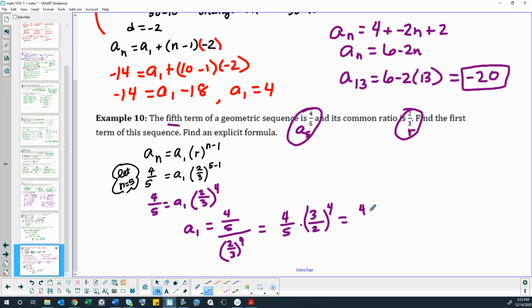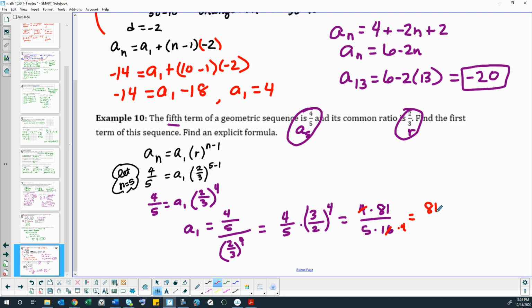So this would be 4 times 3 times 3 is 9 times 3 is 27 times 3 is 81. And then that would be over 5 times 2 times 2 is 4 times 2 is 8 times 2 is 16. So then we can simplify because 4 goes into 16 4 times.